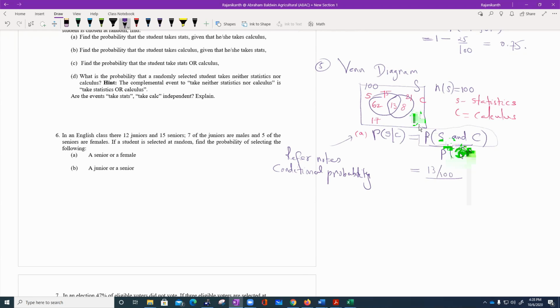For that you look at the calculus subject, which is simply the C circle. Remember, you have to include 13 as well. Therefore, the number of possibilities under C is 21 out of 100. If you simplify, it's going to be 13 over 21, which is approximately 0.619. That is my first answer.